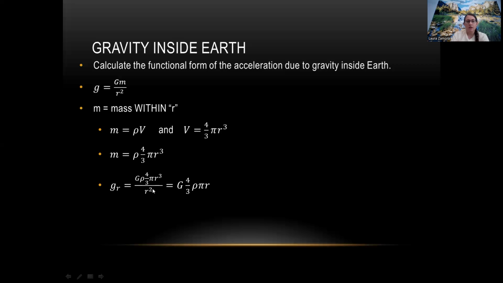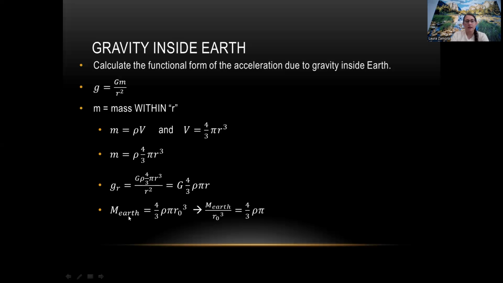So that r squared on the bottom will cancel out two of those r cubed on top. So big G times 4/3 rho density pi r is our acceleration due to gravity.